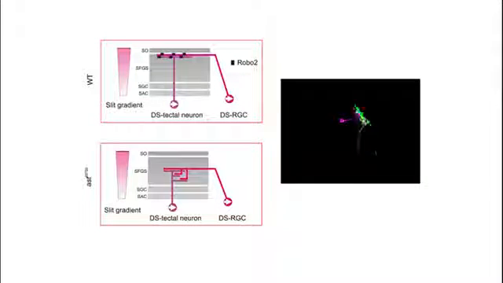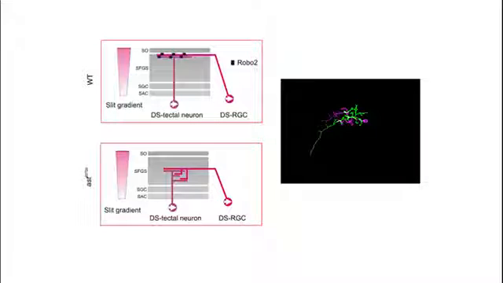In addition to the expression in the retina, Robo2 is also expressed in the tectum, but its role there is unknown. In our study, we found that Robo2 does indeed guide lamination of tectal dendrites independently of retinal ganglion cell axons. Our results so far suggest that Robo2 guides the growth of direction-selective retinal ganglion cell axons and direction-selective tectal dendrites to a common lamina.